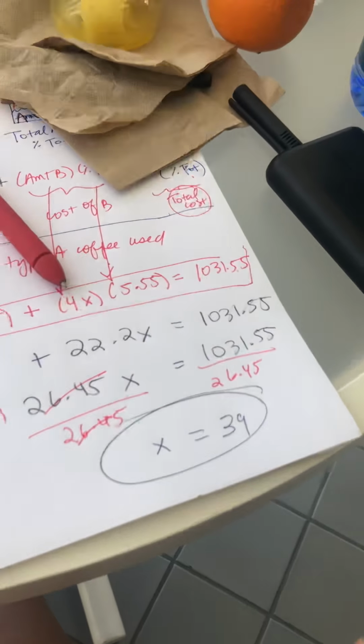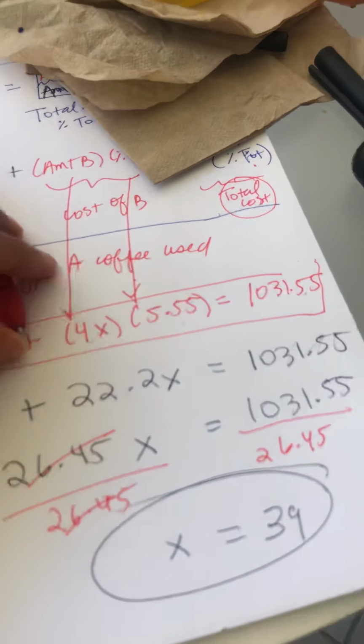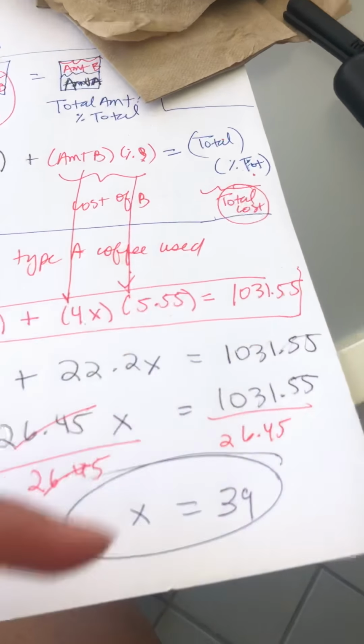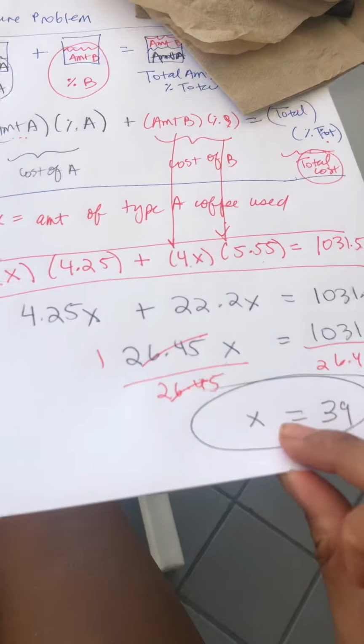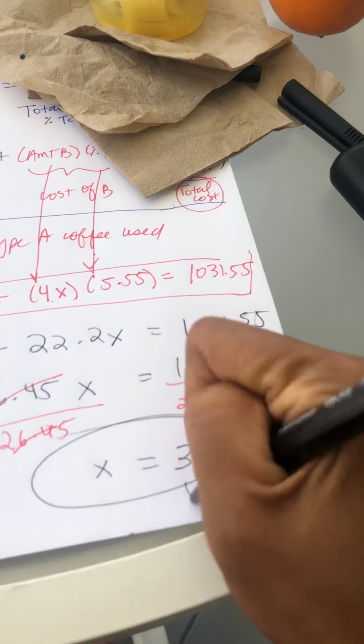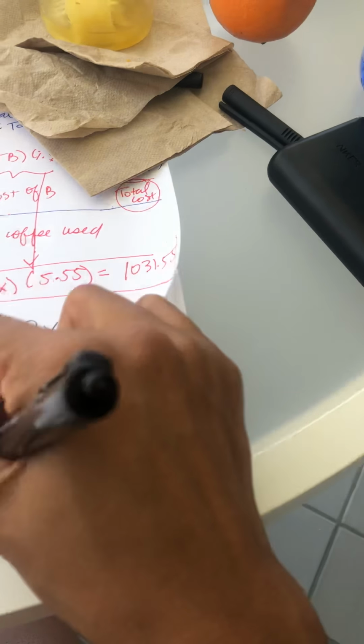Now we answer the question, what the heck is 39? 39 is, let x equal the amount of type A coffee used. So 39 pounds of type A coffee is used in this blended mix.